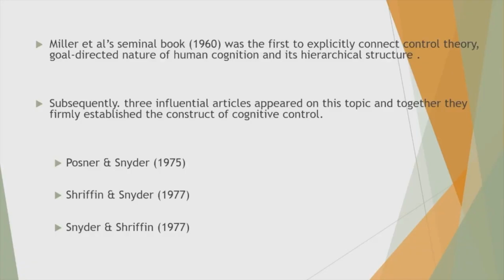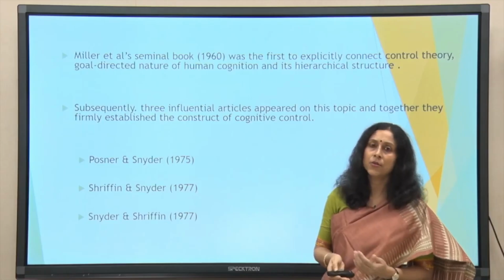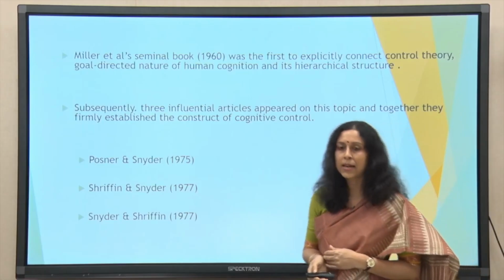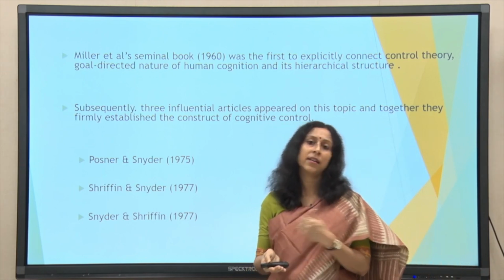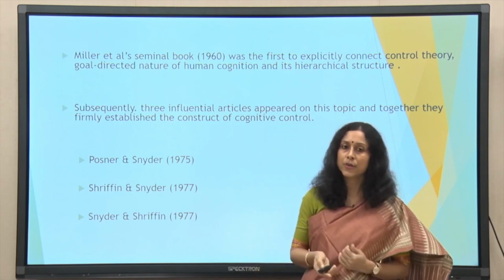One important seminal book by George Miller and his group was the first to bring to the explicit notice of the academic world cognitive control, human mental mechanisms, and hierarchical structures, all these things together.